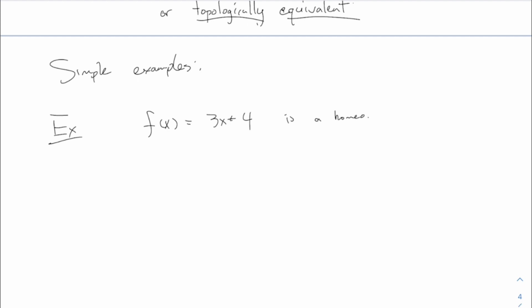First of all, it is continuous. I hope you remember your basic calculus. It's a polynomial, so it's automatically continuous. What about, is it a bijection? It is. Can anyone say why you would say it's a bijection? That means it's one-to-one and onto. You could just look at a graph of this, which looks something like that, right?